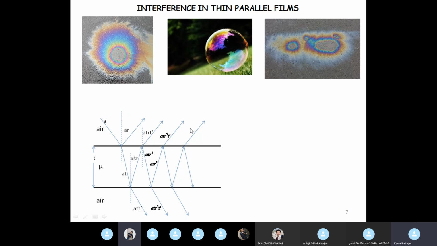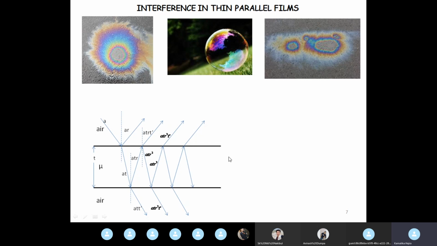Yes ma'am. What you need to realize is that a single ray of amplitude A is giving rise to so many rays. Obviously, the amplitude will fade out very fast.